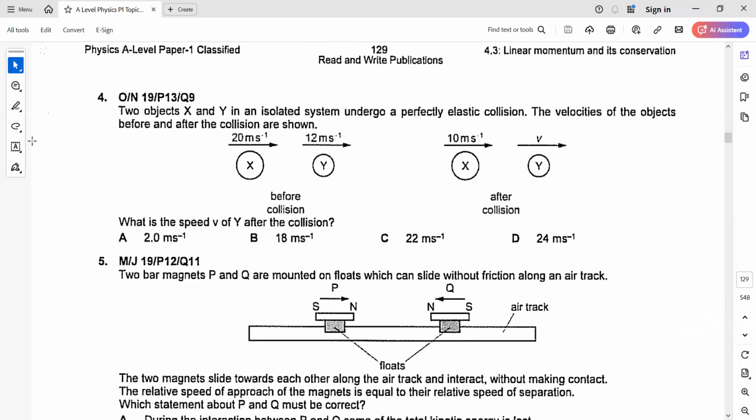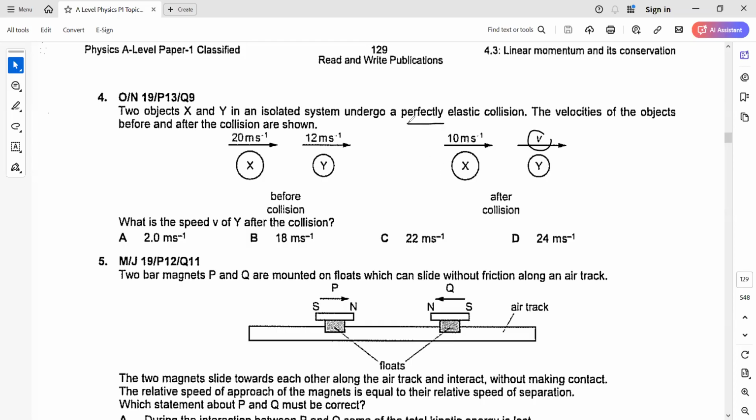Okay, question 4. Question 4 says two objects. What is the speed of y after collision? This is what they want us to find out. This would be very easy to work upon. It has to be like momentum conservation, but basically we don't actually need momentum conservation.